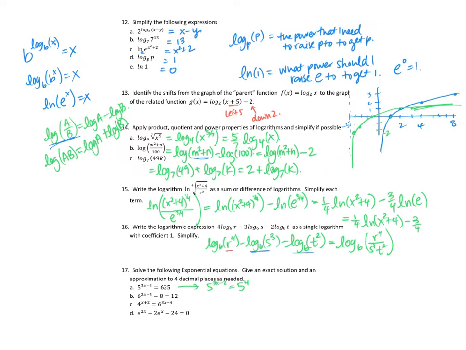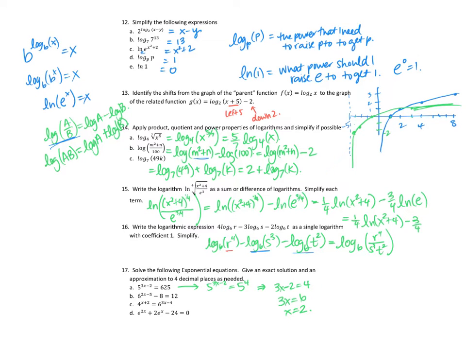So that implies that 3x plus 2 is equal to 4. Oh, is it minus? Oh, it's minus. Change that to a minus. Okay, and so then that gives me that 3x is equal to 6, which means x is equal to 2. So that's the answer to A.